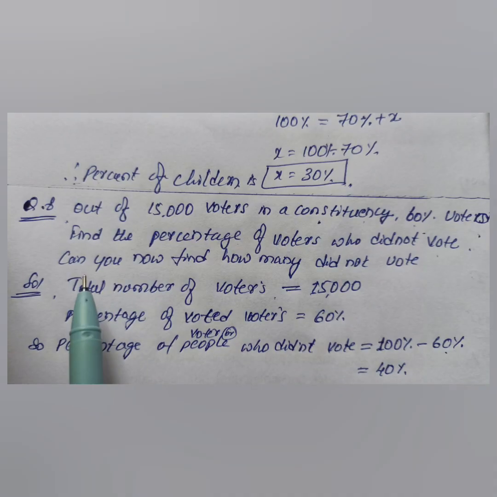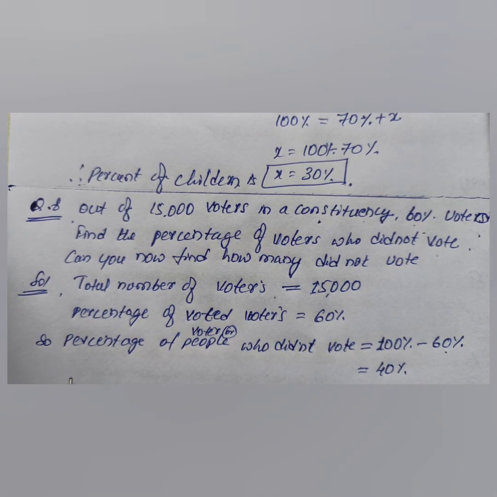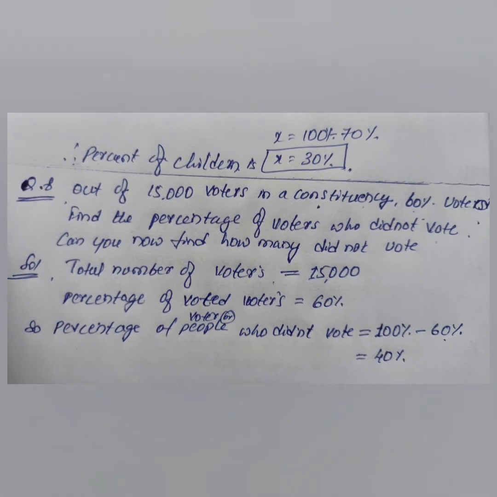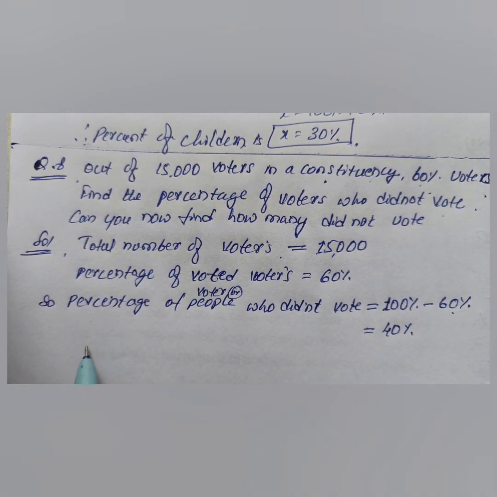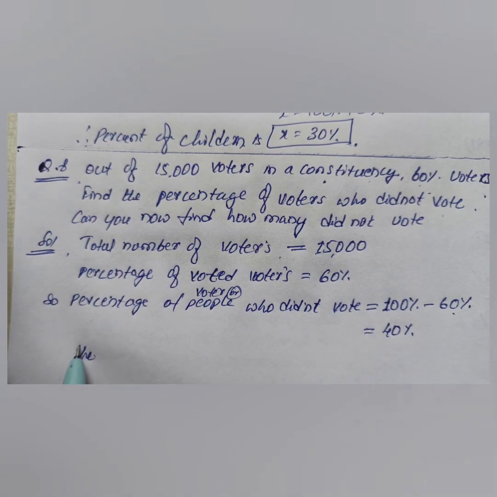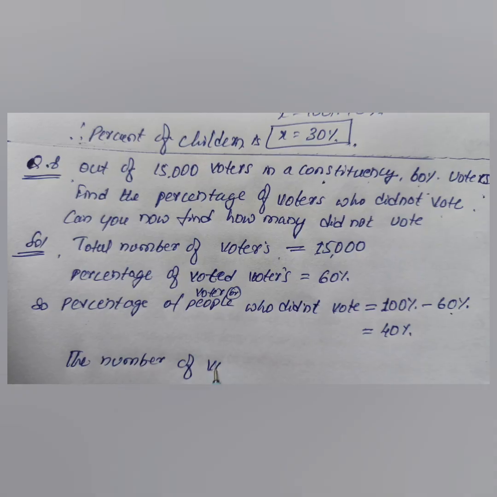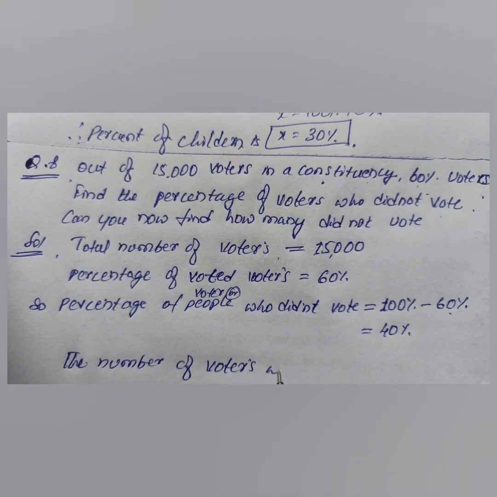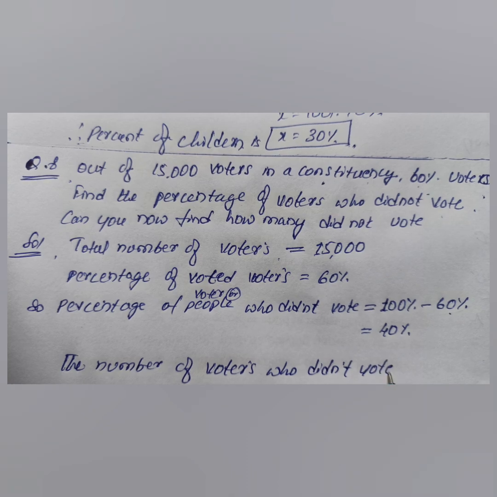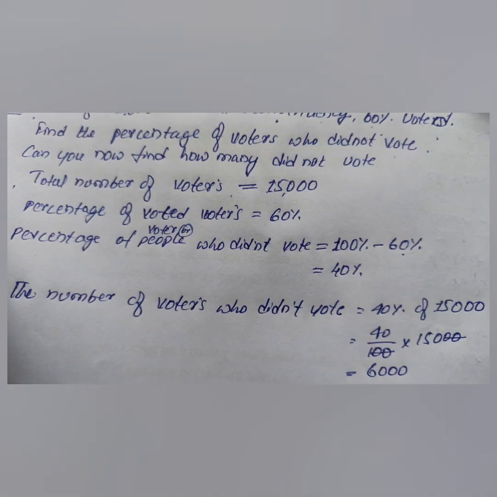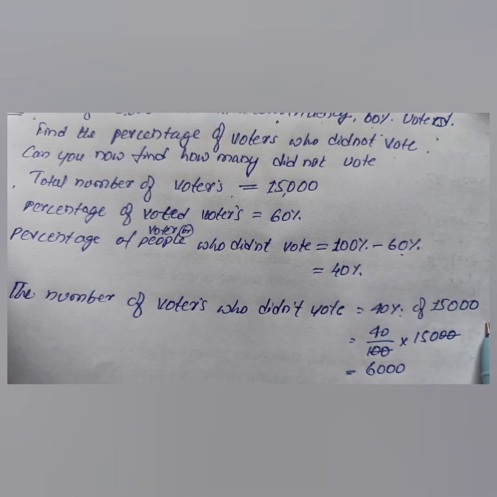Now the second question is, find how many did not vote. So we need to find the number of voters who did not vote. Now we have found the percentage. Let's find the number of voters who did not vote. The number of voters who did not vote is equal to 40% of 15,000.